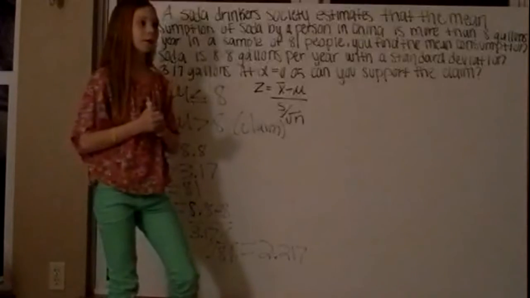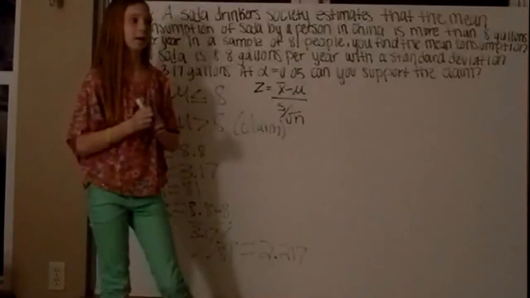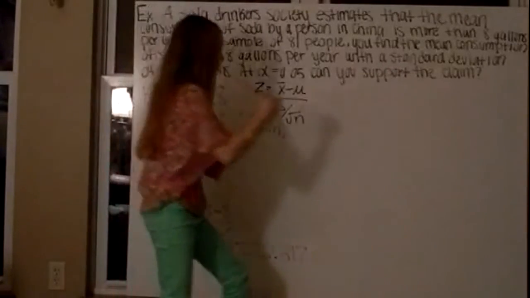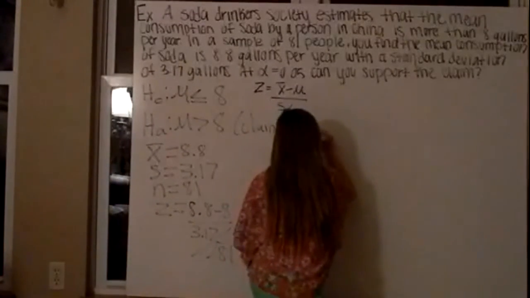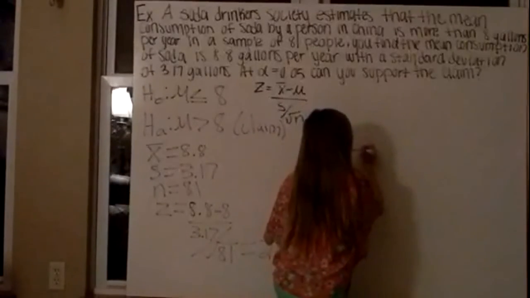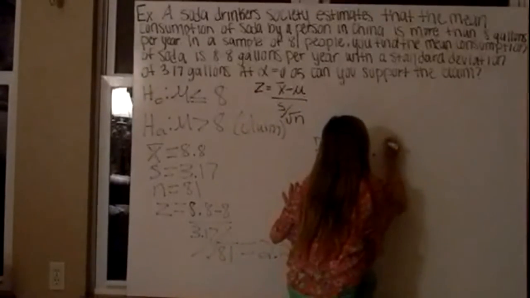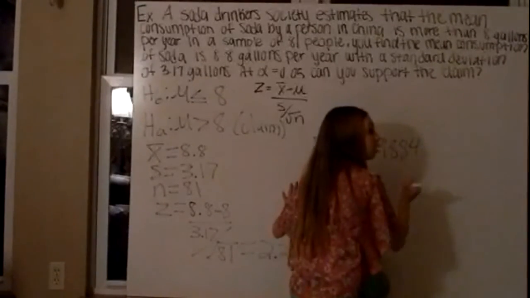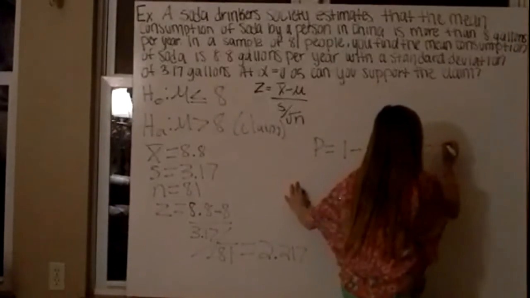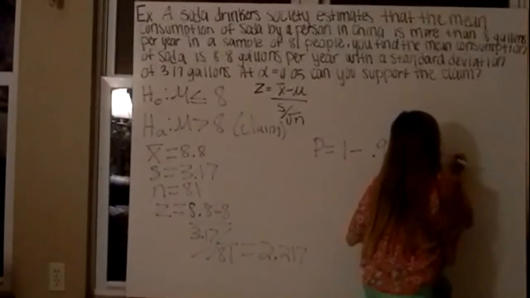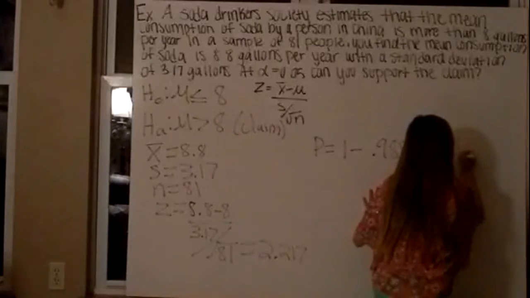Now we go to our z chart and look up 2.217. We find that the area is 0.9884. To find the p-value, you do p equals 1 minus 0.9884, which equals 0.0116.